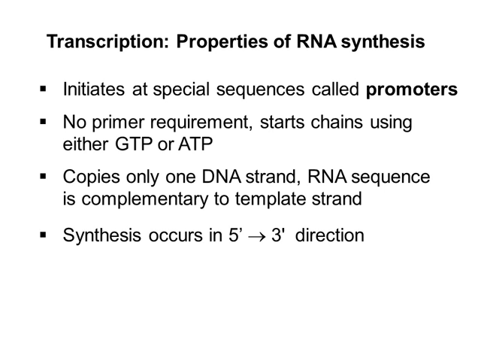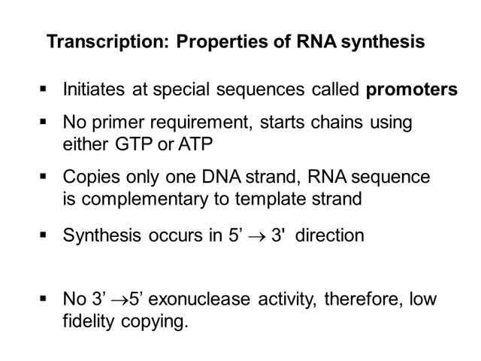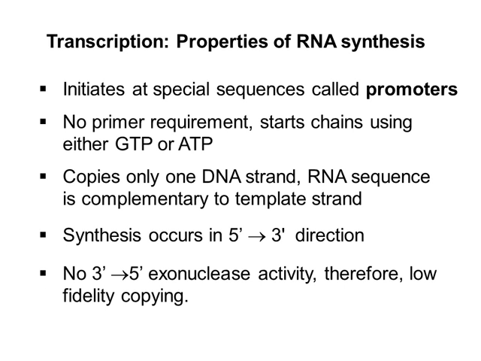Now, just like DNA polymerase, it proceeds in a 5' to 3' direction, but unlike DNA polymerases, important point here, there is no 3' to 5' exonuclease activity. So the error correction is not as good. There is some error correction.